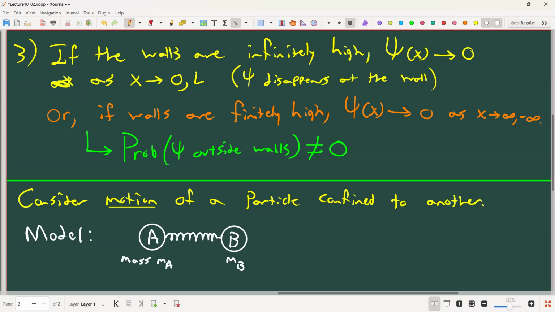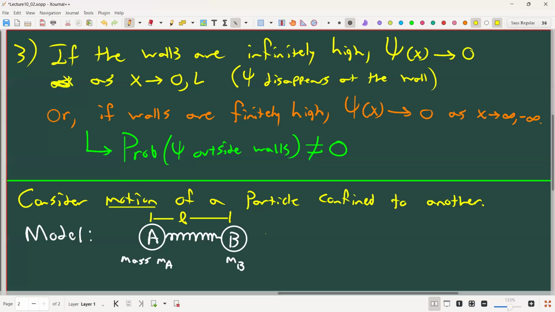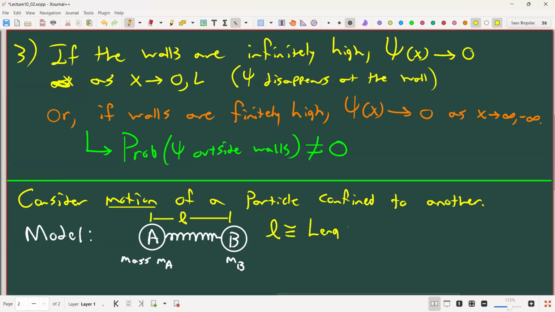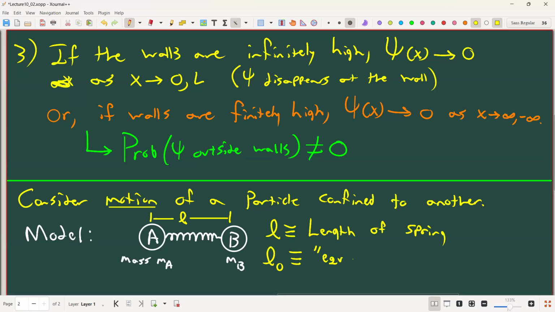And I think I define this as, yeah, so let's think we have some distance between here, L. And so L is the length of the spring. And we're going to define L naught to be what we call the equilibrium length at rest.